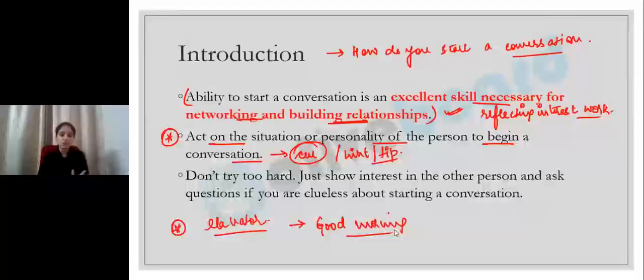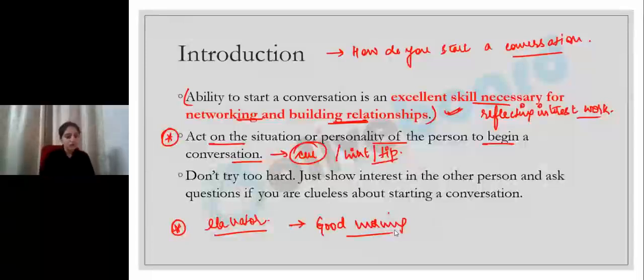So don't think too much, don't put in a lot of effort to start a conversation. That might ruin the quality of the conversation that you have. It might seem like a forced conversation if you put in a lot of thought, right?